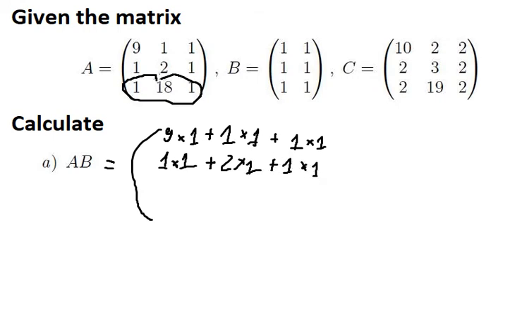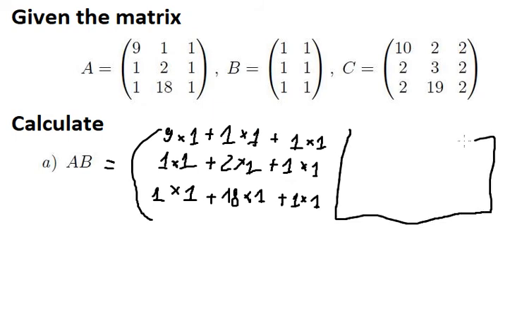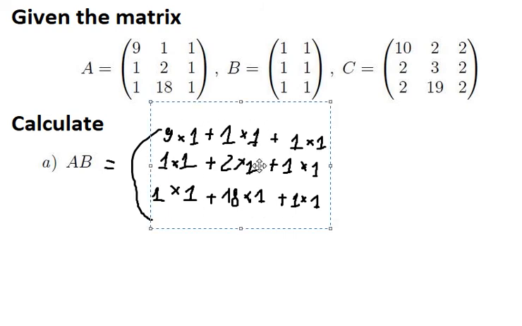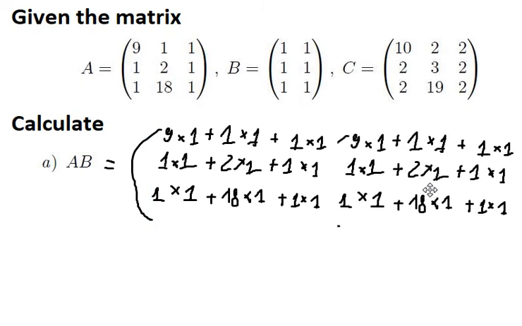Now and then this one with this one, so we have 1 times 1 plus 18 with number 1, and 1 with 1, because this one is the same with this one, so that means this one will be the same with this area in here. So we just copy everything, go to here.